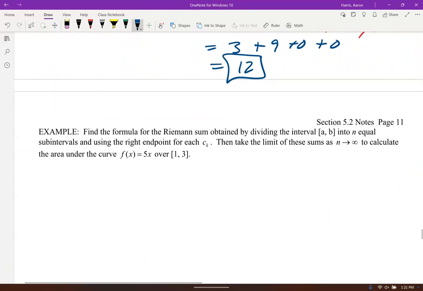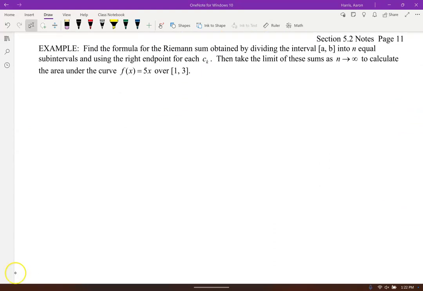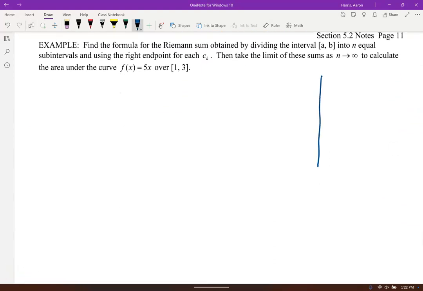Let's do another one. All right, here we've got, let me give you a picture again. I've got 5x. I'm going from 1 to 3. Let me just go by 5. So 1, 5, 2, 10, 3, 15. Right, here's the line.